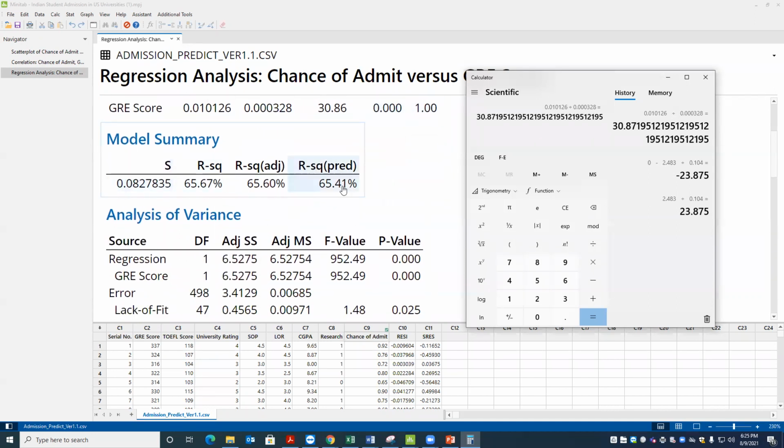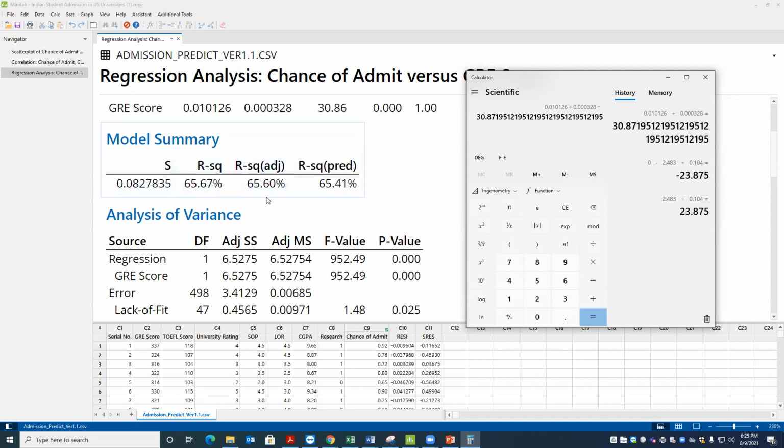Now we come to the model. This is the standard error of the model. This is R square, this is adjusted R square. Basically we are going to check these two things.